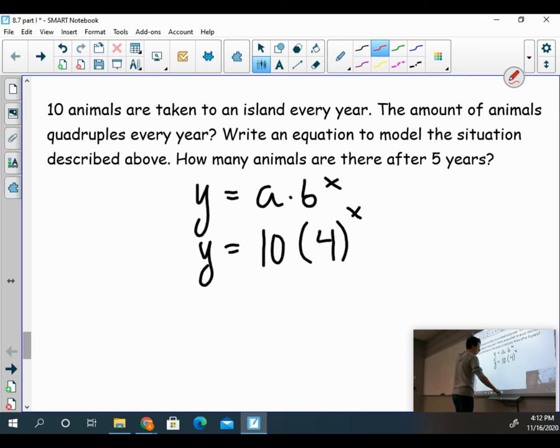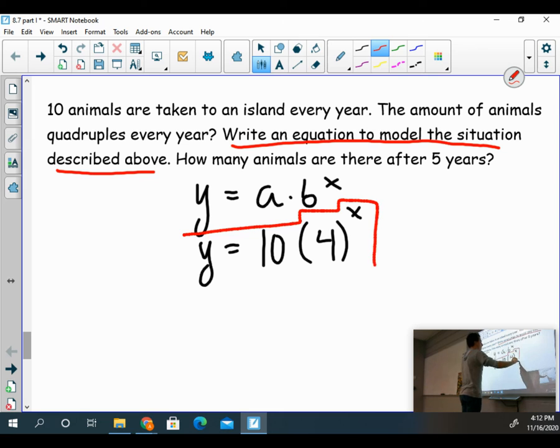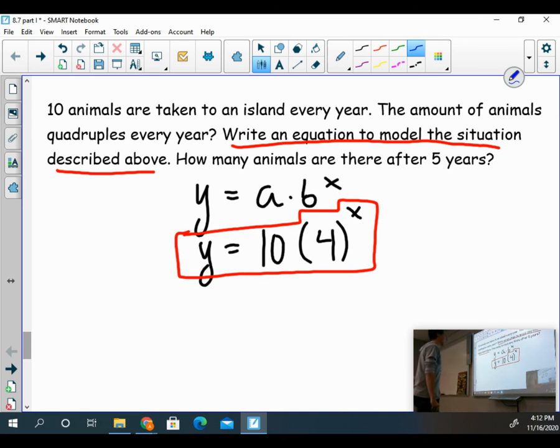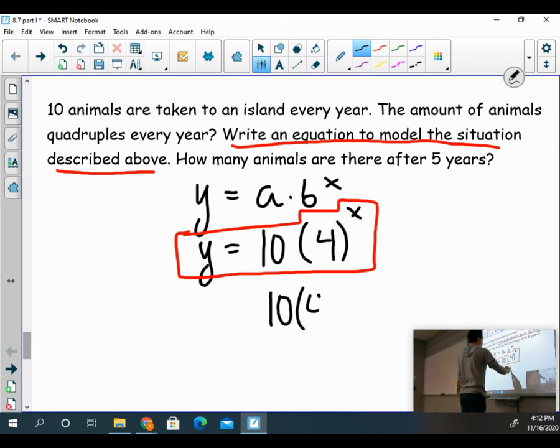So there is a general equation. We've answered this part. There is an equation that models the situation. Now, maybe you already leapt ahead and did it in one step and figured out how many animals there were after 5 years. Well, if we're quadrupling every year, and we want to know how many there are after 5 years, we would plug 5 in for x, okay, since there are 5 years.